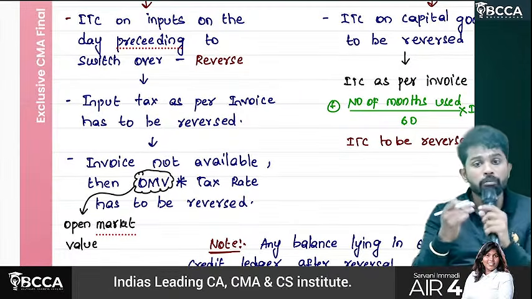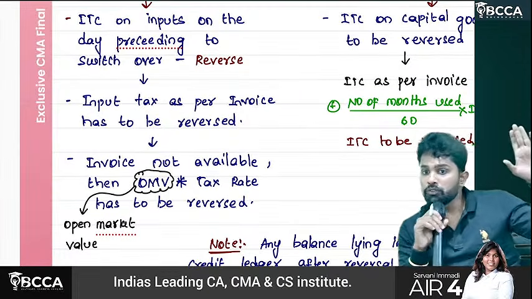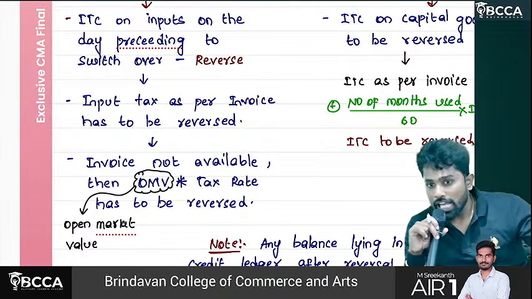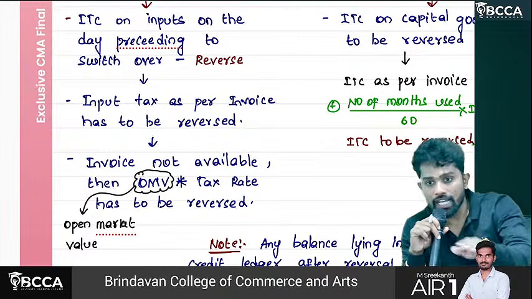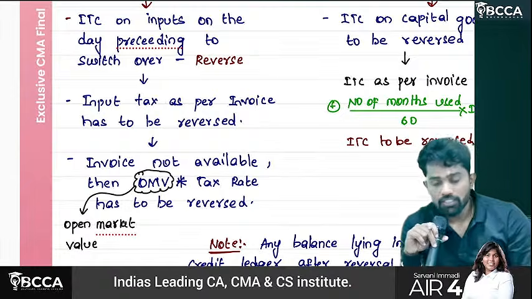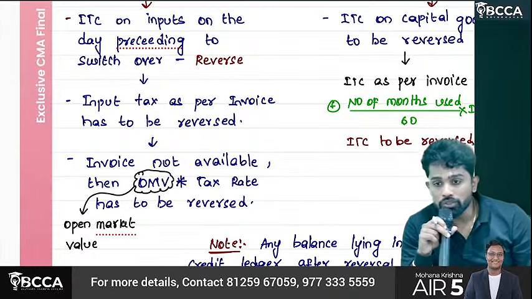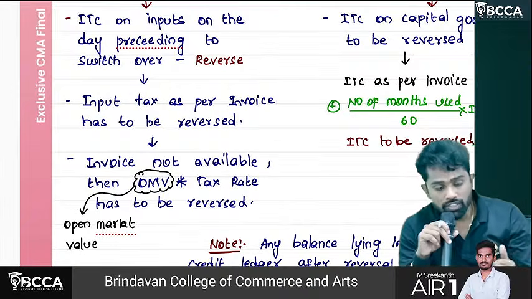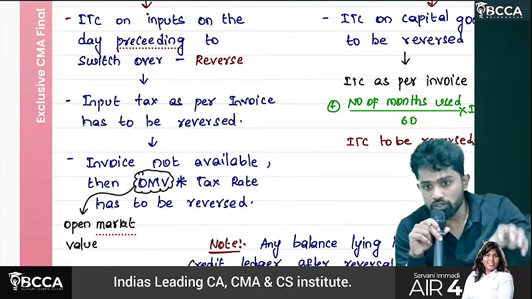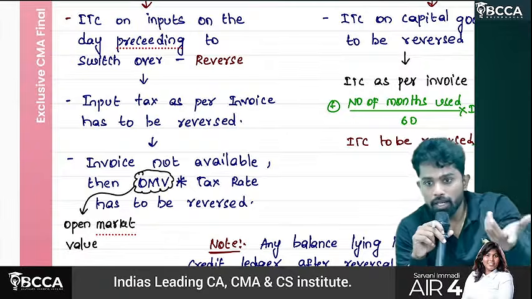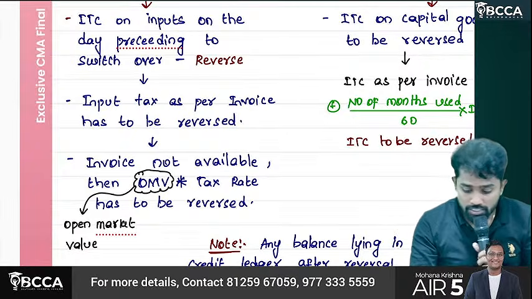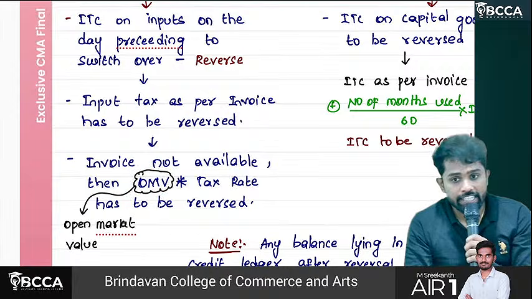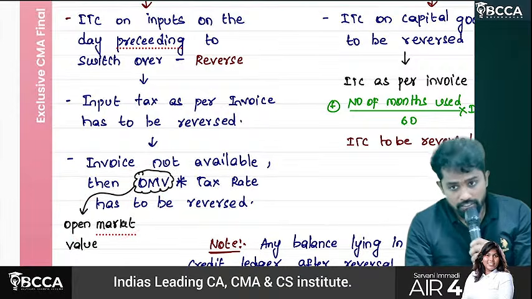Sir, how much to be reversed? If the invoice is there for those particular closing stock, then as per the invoices, whatever is the tax, that tax has to be reversed. Sir, if invoice is not available, then what to do? Even if the invoice is not available you need to reverse. Sir, then how to reverse? Find out the market value of those goods and apply the applicable tax rate, and that amount needs to be reversed.